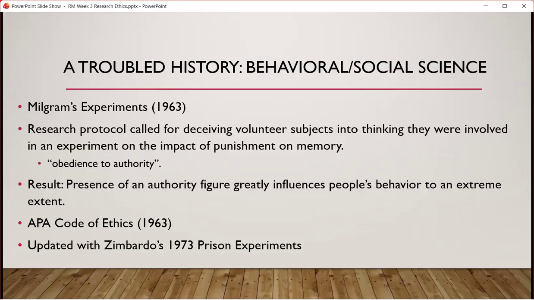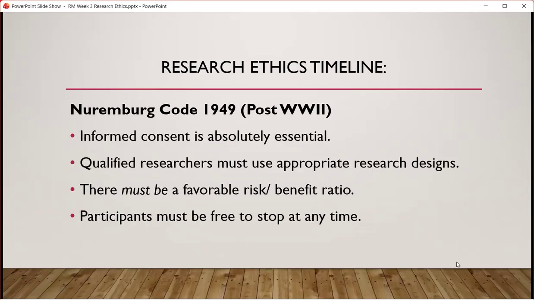The Milgram experiments also led to the APA Code of Ethics that was first created in 1963 and is subsequently updated at regular intervals, and again was updated following Zimbardo's 1973 prison experiments. The overarching timeline then essentially is the Nuremberg Code in 1949.